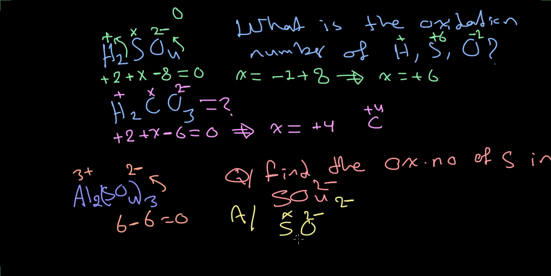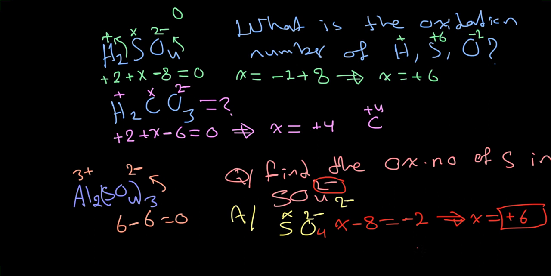So X plus 4 multiplied by -2, which is -8, is equal to the charge of sulfate, -2. So X is equal to +6. Sulfur is +6 in sulfate.